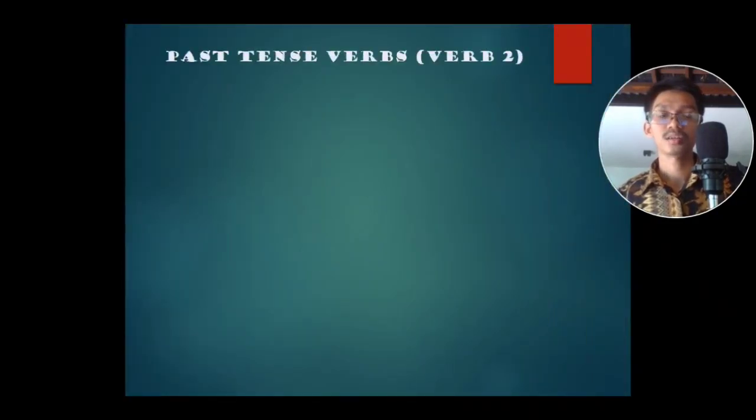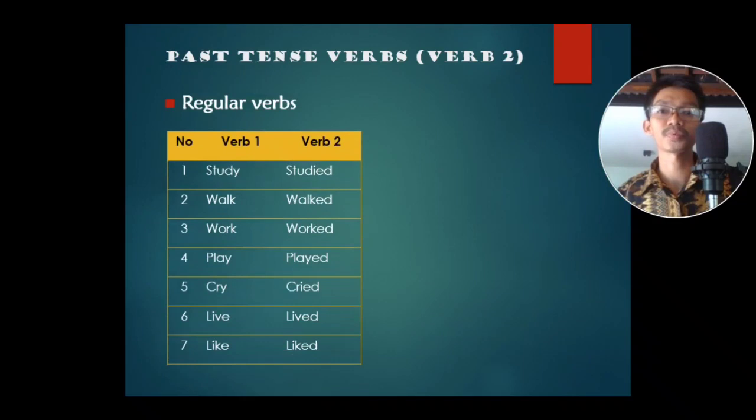Next. Before I go further, I'd like to tell you that there are two kinds of past tense verbs. The first one is called regular verbs. So what are regular verbs?